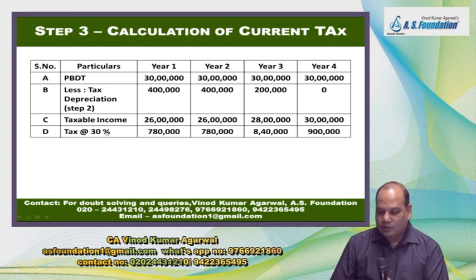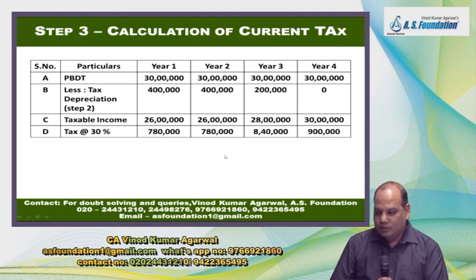Then write down current tax at the rate of 30%: 7,80,000, 7,80,000, 8,40,000 and 9 lakh. Okay.